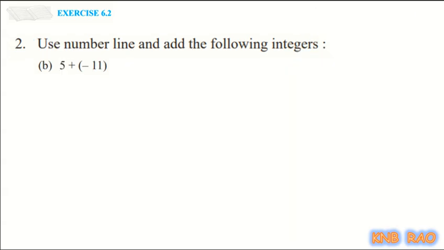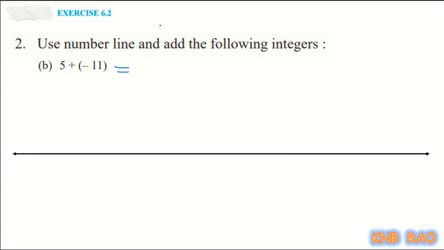And then the next question is, we are asked to find 5 plus minus 11. For that, using the number line, we will first draw the number line, then mark the points on it, and from 0 we will move to 5 because we added a positive number.